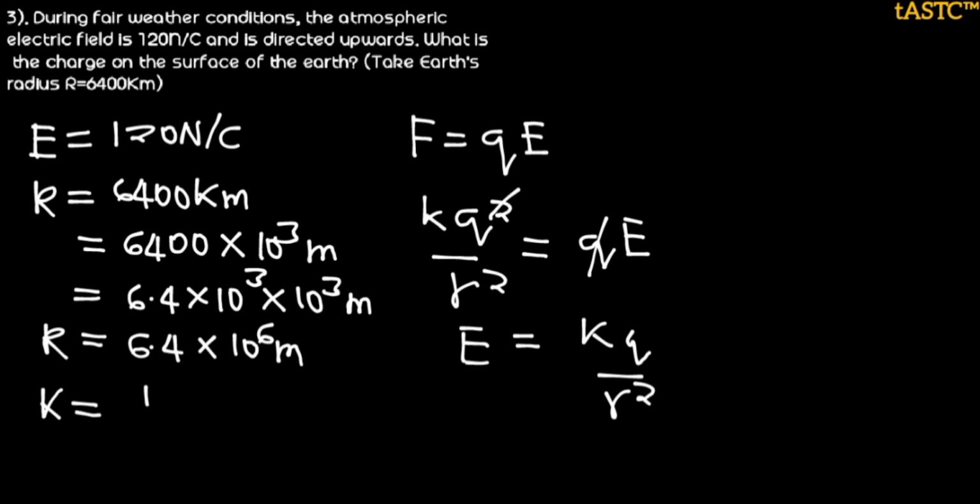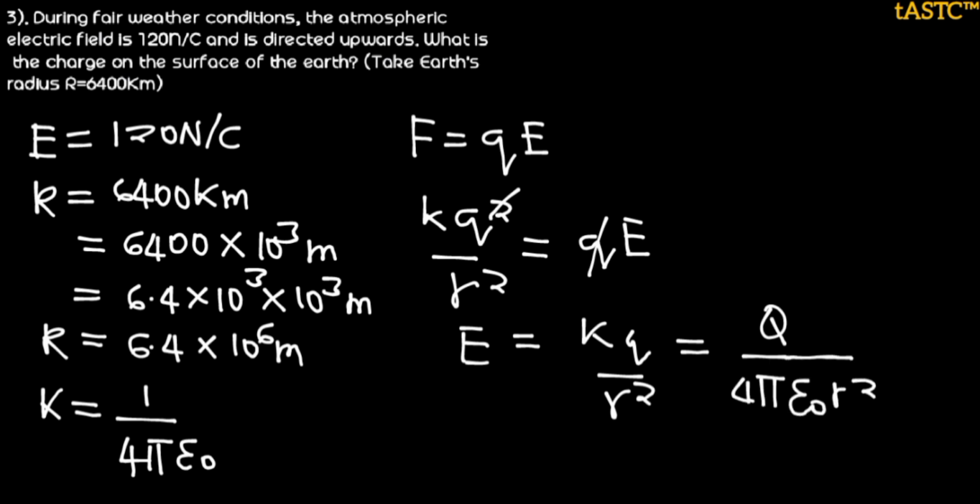K could also be rewritten as 1 over 4 pi epsilon naught. So you could also use that. What that means is you could have Q divided by 4 pi epsilon naught R squared. So this is another formula for the electric field intensity.